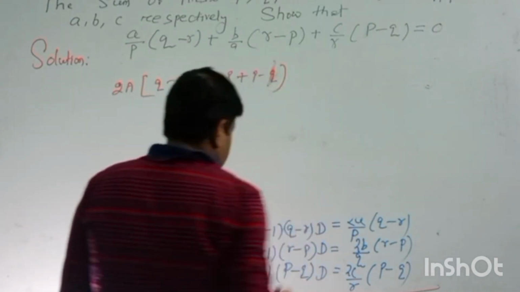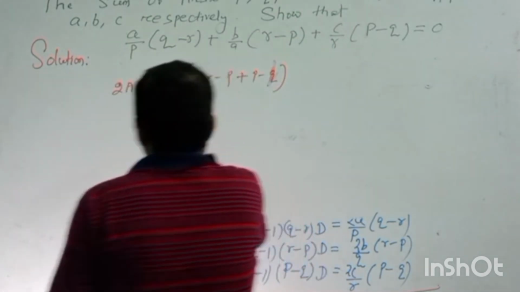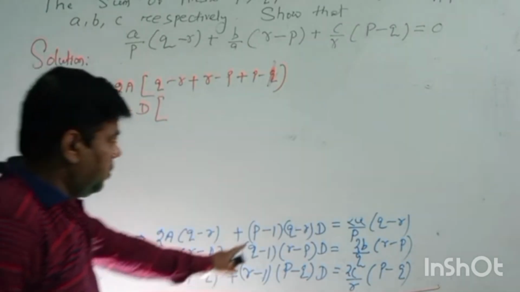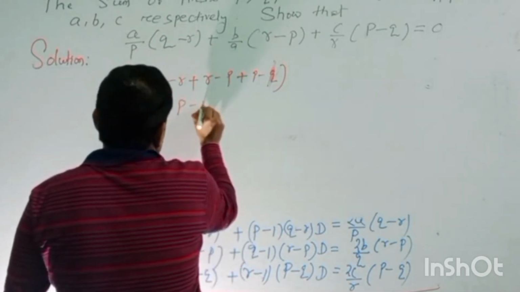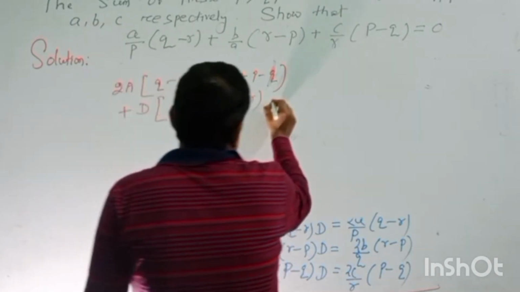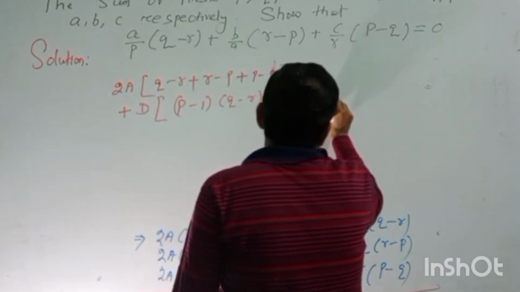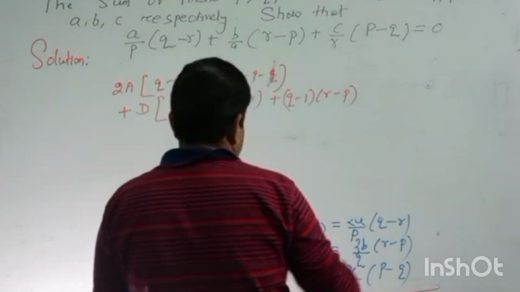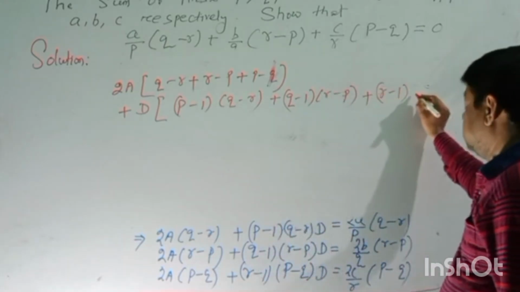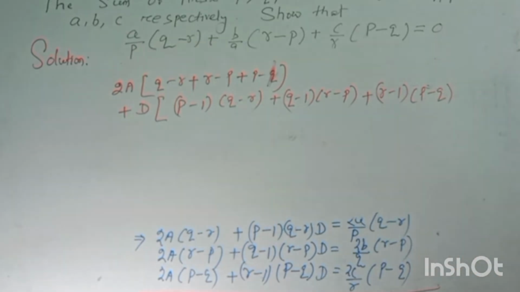Understand? Similarly here, d is the common factor, with r plus d times (p − 1)(q − r), plus (q − 1)(r − p), plus (r − 1)(p − q).